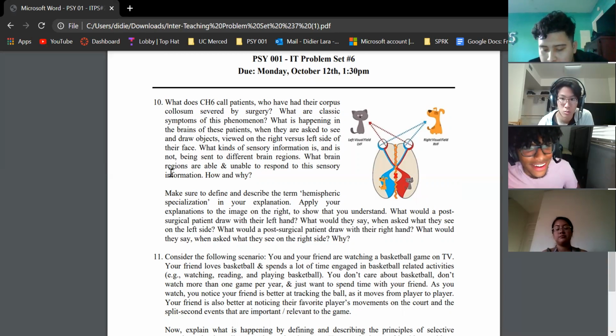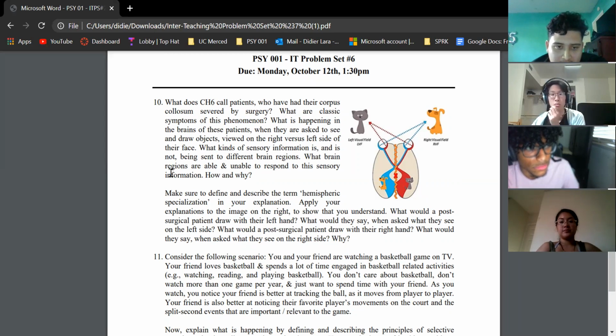But the question was like, what would the person be able to write or draw if they're seeing something on the right or left side? Does it ask what would a post-surgical patient draw with their left hand? What would they say when asked what they saw on the left side?